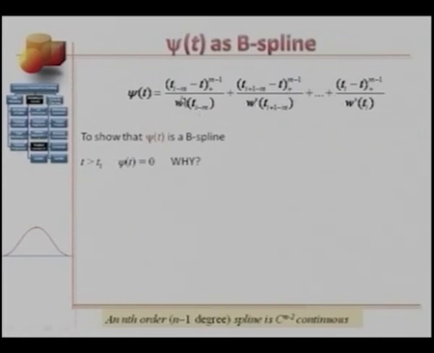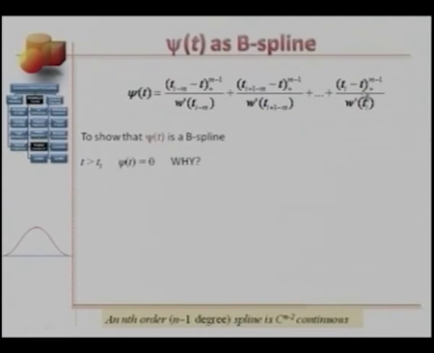Here we assume that ti minus m, ti minus m plus 1, up till ti, are all arranged in ascending order. So for values of t greater than ti, this expression here will be negative, and this truncated aspect of the function will make this term 0. Take a term on the left of this, ti minus 1 minus t truncated raised to m minus 1.